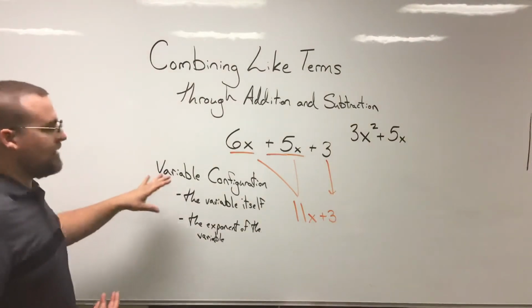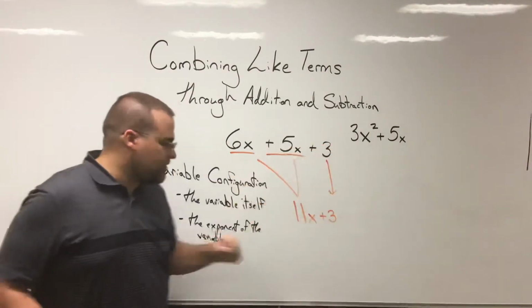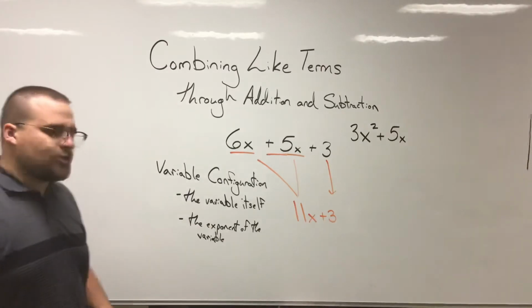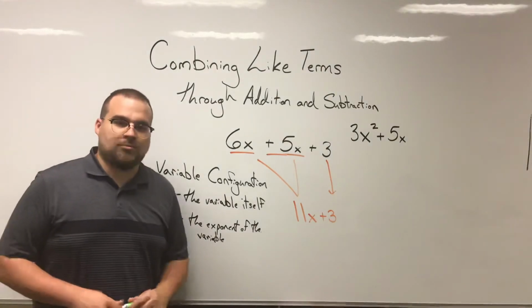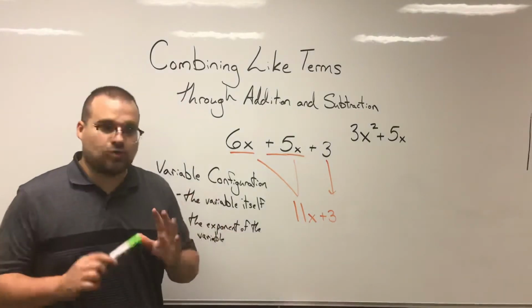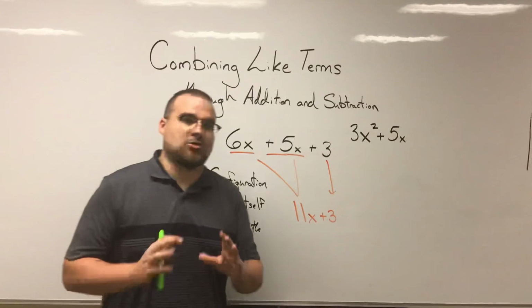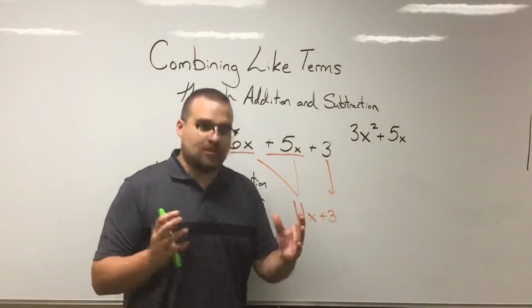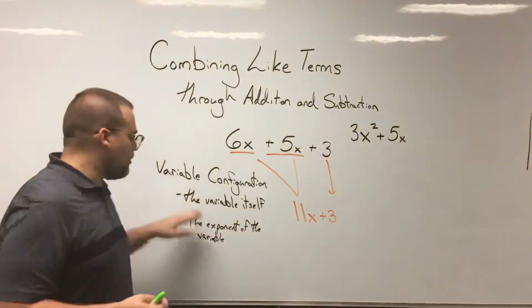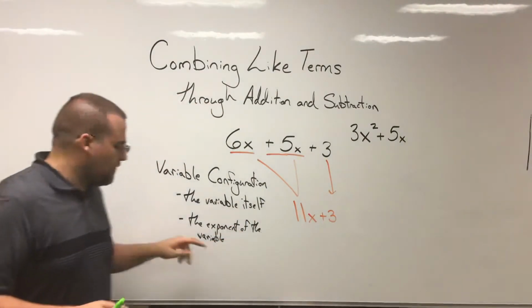Well, let's take a look at this with our variable configuration idea. Do they share the same variable? Well, both of them have an x, right? So just in terms of what variable it is we're talking about, x, they do both share that. So we're okay on that front. What about this second one?